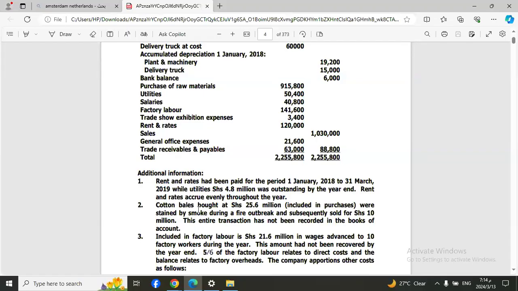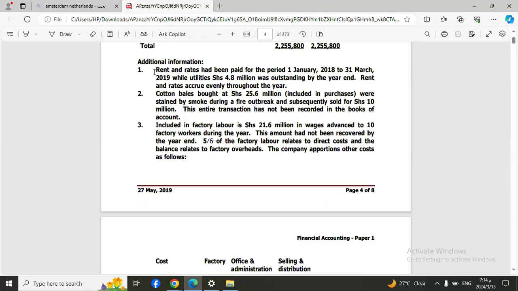Rent and rates paid for the year, for the period of 1st of January 2018 to 31st of March 2019, while utilities of 4.8 was outstanding by the end of the year. Rent and rates accrue evenly throughout the year. So you see that note number 1, we don't need it at this time. I'm going to note number 2.